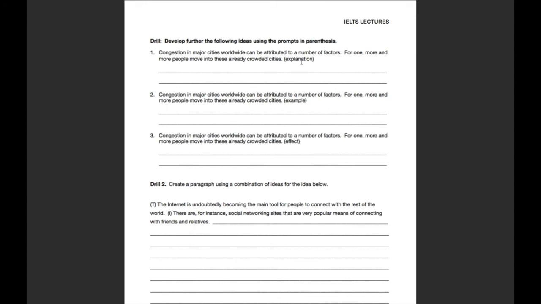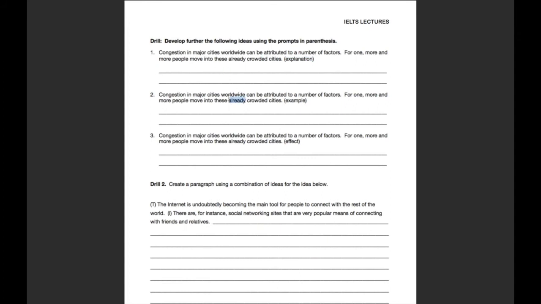For example, after you read number 1, ask them, why are more and more people moving to these already crowded cities? So let them explain, and then direct them again to the board using the words that you have written earlier. Ask them why, and then perhaps you can have some sort of discussion, and then let them write down those thoughts over here. Then you move on to number 2.